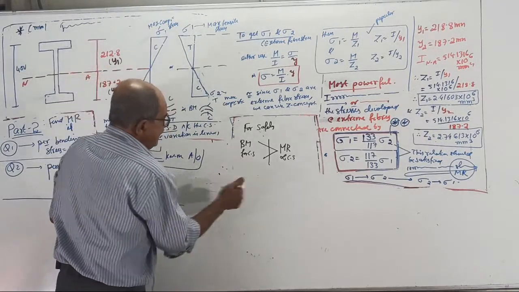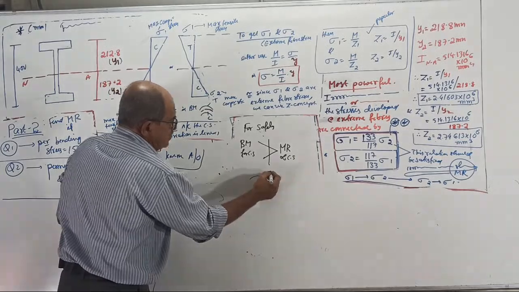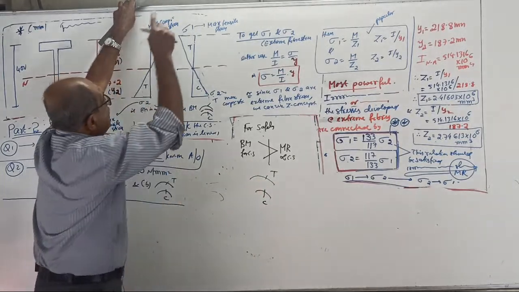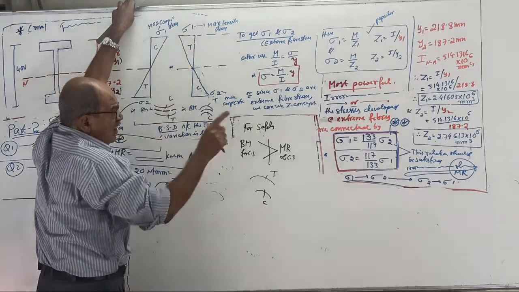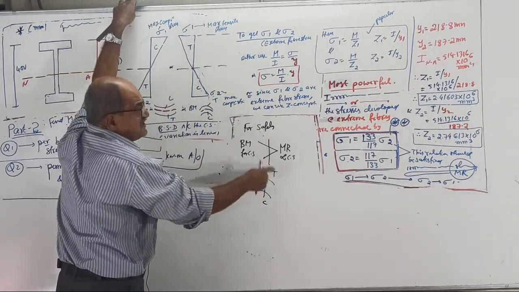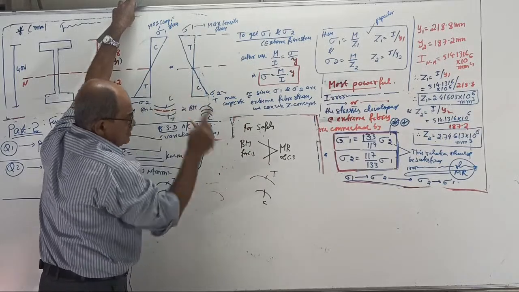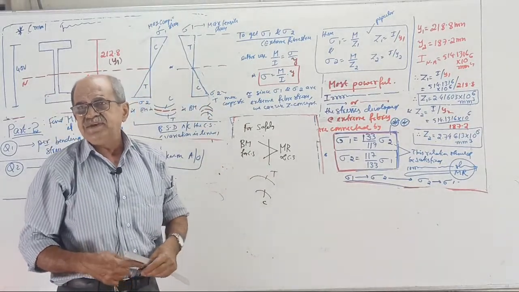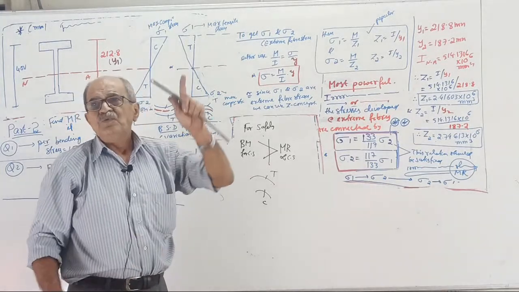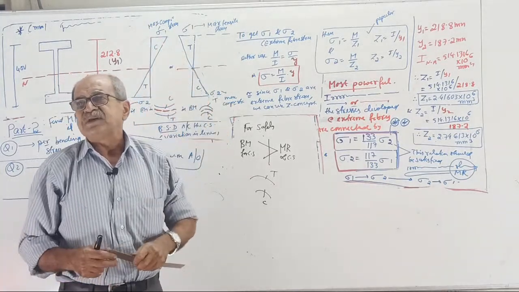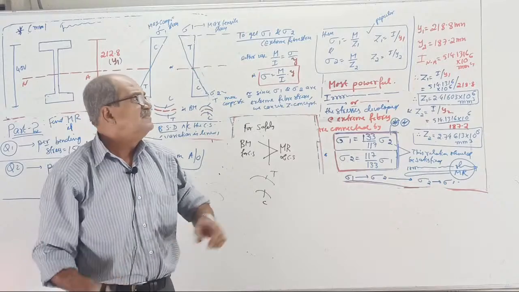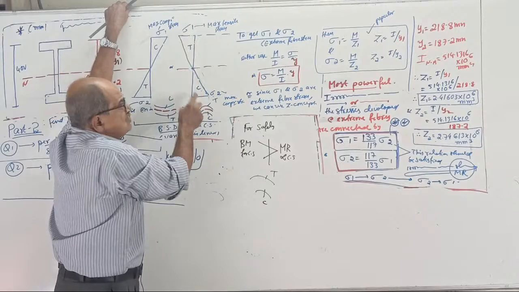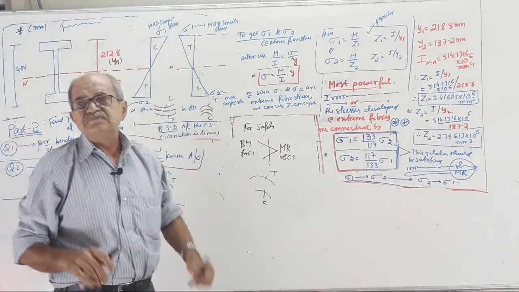Or, if the BM is hogging, top tension and bottom compression: the topmost fiber stress should not exceed the permissible tensile stress, and the bottommost fiber should not exceed the permissible compressive stress. So depending on the nature of the bending moment, decide what type of stresses the top and bottom fibers are getting. Then to find MR, both of them should be within the limit.